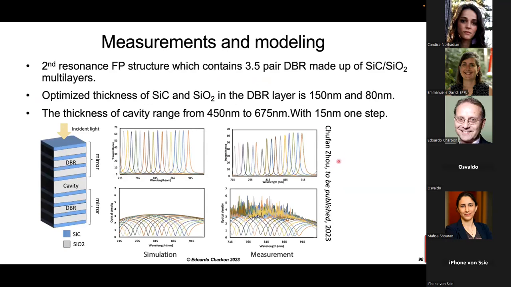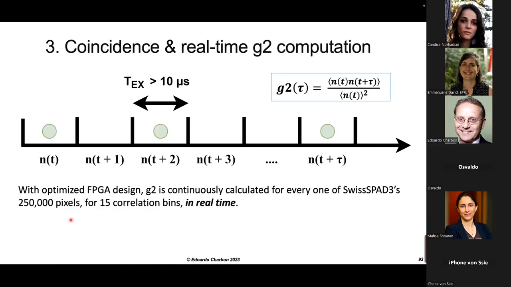This is a simulation, and this is the measurement that she achieved using a DBR, a cavity, and another DBR. This can be implemented in our CMI facility and placed on top of the detector, thereby enabling hyperspectral images together with single-photon images.